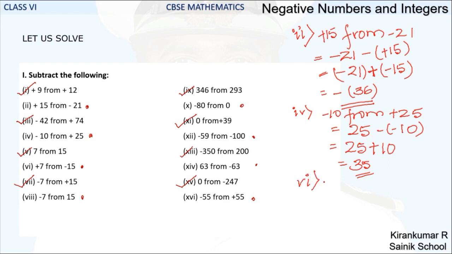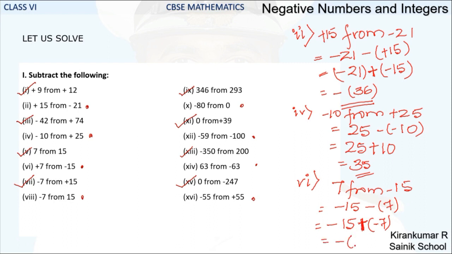Sixth one, 7 from negative 15. So minus 15 minus, it is a positive number. Now I need to change that into a negative number since I am making it an addition question.